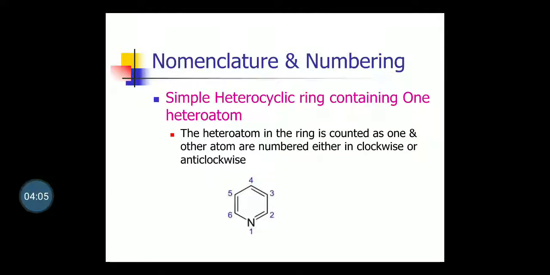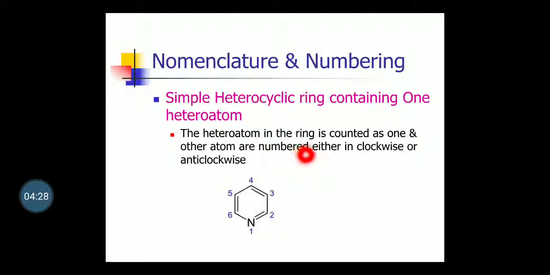For that we have an example. We should understand that this is for a simple heterocyclic ring, which means a single ring. For example, the ring given below is again a simple heterocyclic ring because it's a single ring structure, so the rule is applicable to give the numbering. What is the rule?